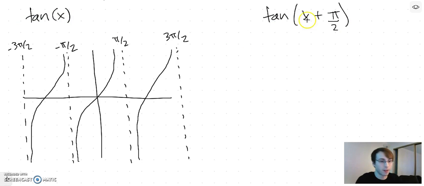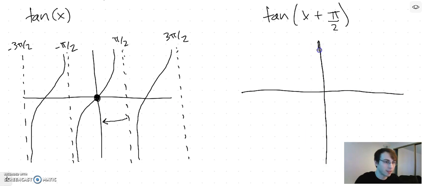If we want to graph this thing, then we have to ask, what's happening when we plug in 0 for x? Initially, we plug in 0 for x and we're right here. But now, when we plug in 0 for x, we are at pi over 2. So we're taking this asymptote and shifting it over all the way here.